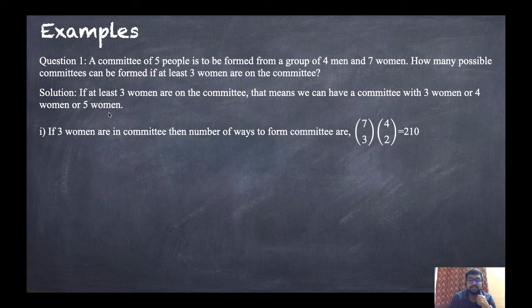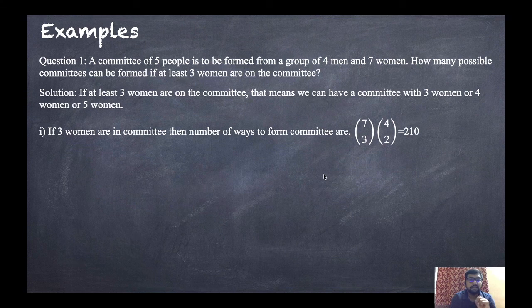So that means 7C3. The committee is of five people, so how many are remaining? Two. And we have already chosen women, so only men will be there. Out of four, we want to choose two. So 4C2. So 7C3 into 4C2 is 210.